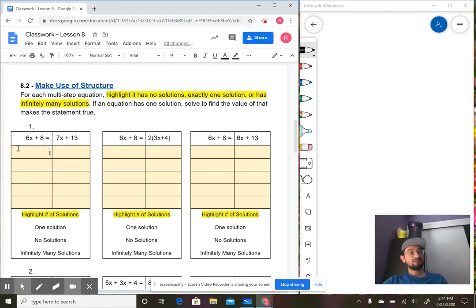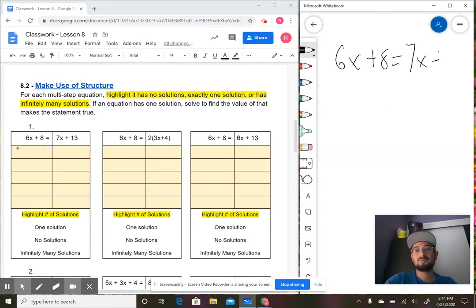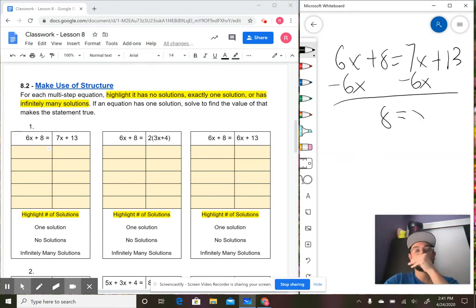here, there's no parentheses, there's no combining like terms, because there's only two terms on each side, and they're different terms. So I'm going to subtract 6x on both sides. So 6x plus 8 equals 7x plus 13. I'm going to subtract 6x on both sides. 8 equals x plus 13.